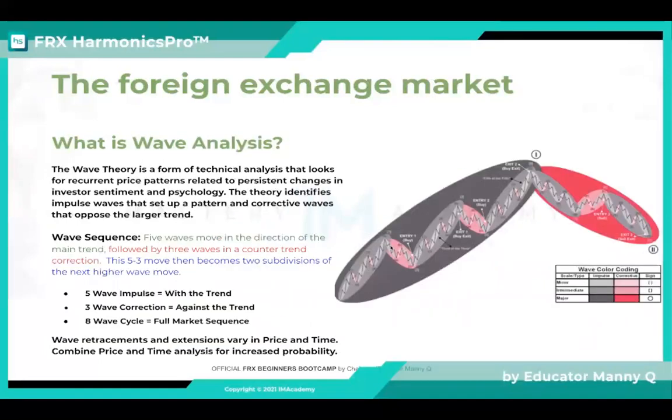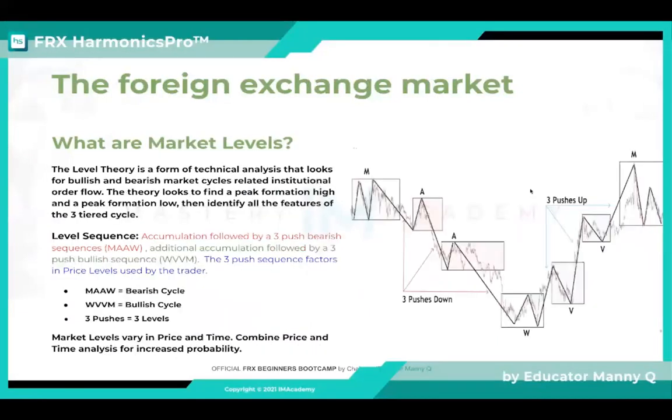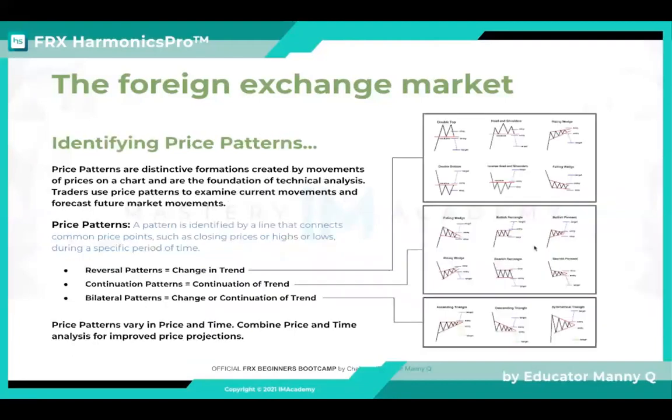When the market is basically pulling back, making those corrections before continuing in the direction of the market, you can see continuation patterns. When the market is giving you these levels, you can identify continuation patterns within those levels inside of the market. All righty. Continuation patterns help you forecast the continuation of a trend.